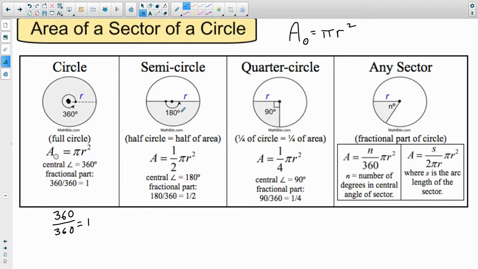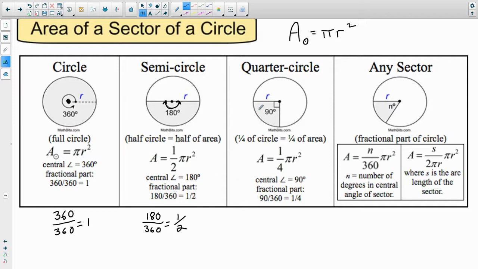But what about a half a circle? When you have a semicircle, the central angle is 180 degrees. So if you put 180 degrees out of the whole circle, which is 360, and you put that in your calculator and hit math, enter, enter, it would be equal to 1/2, which is why it's 1/2 pi r squared.